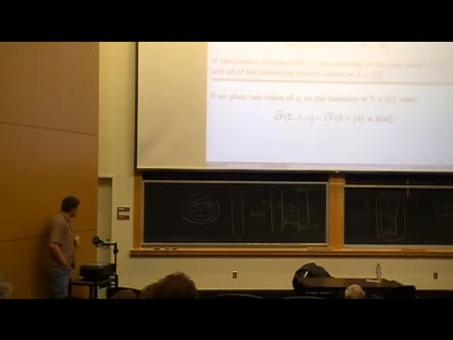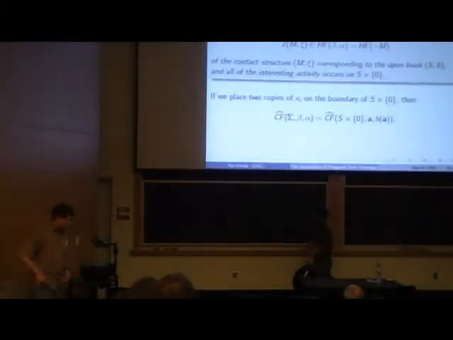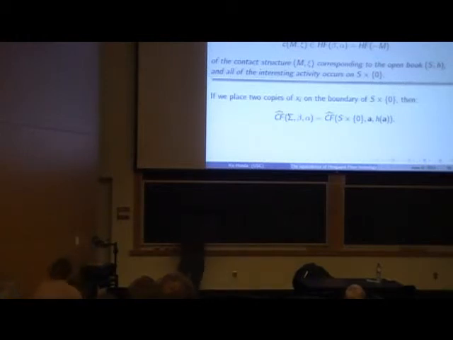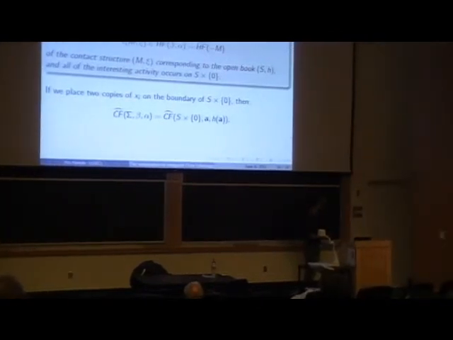Okay. And the one last remark here is that if you take the collection of xi's, the tuple of points here, then that's actually the contact invariant in Heegaard Floer homology corresponding to the particular contact structure.